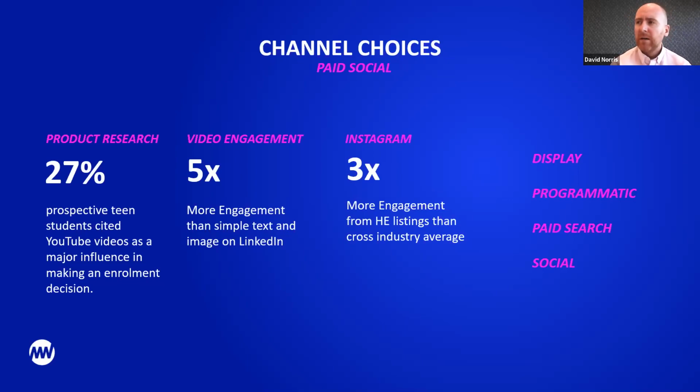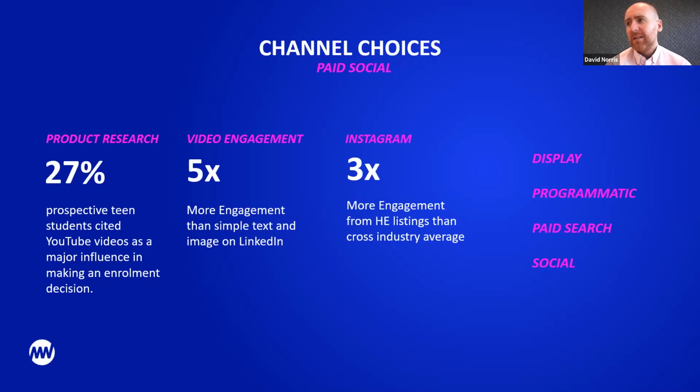So we know that the type of content that you produce has a major impact on the success of your campaigns. And then for me, another incredible statistic as we were pulling this together was the way that higher education actually over-indexes for Instagram. Most institutions now will be running Instagram campaigns, typically because of the demographic you're looking to engage with.